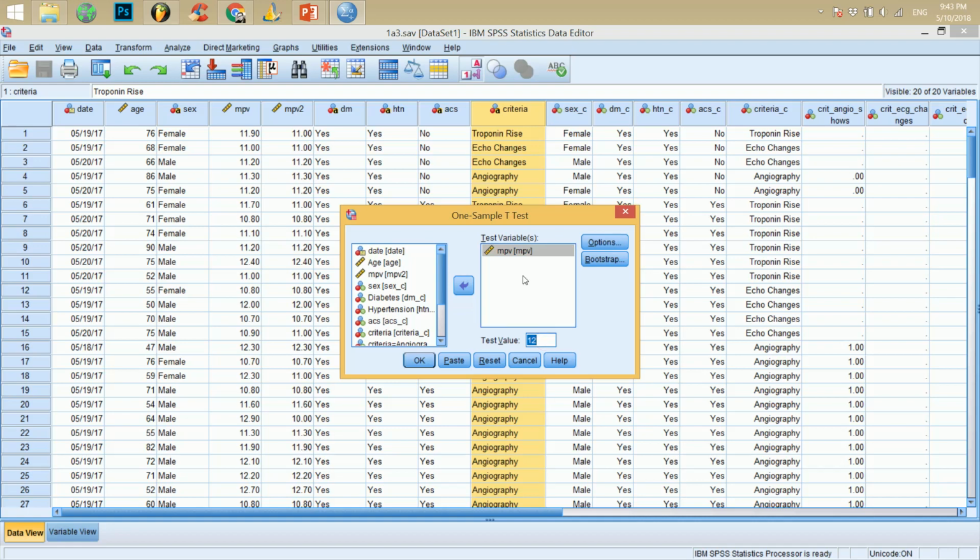Say for example, all the patients coming in to emergency with chest pain, and we have got a hypothesis that the patients who are truly coming in with chest pain and who have got a myocardial infarction have got a higher MPV, which is somewhere around 12. So we put a value 12 and we compare that value with whatever is present in the actual sample.